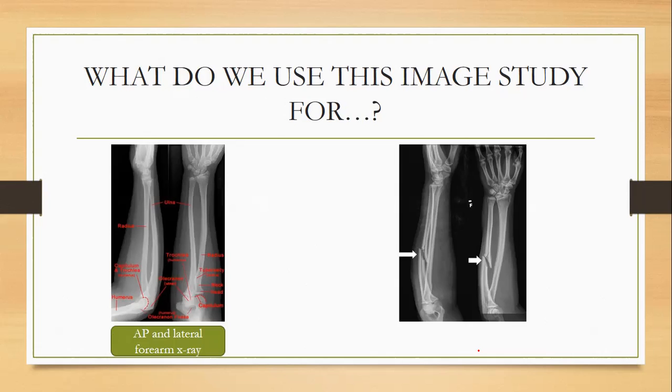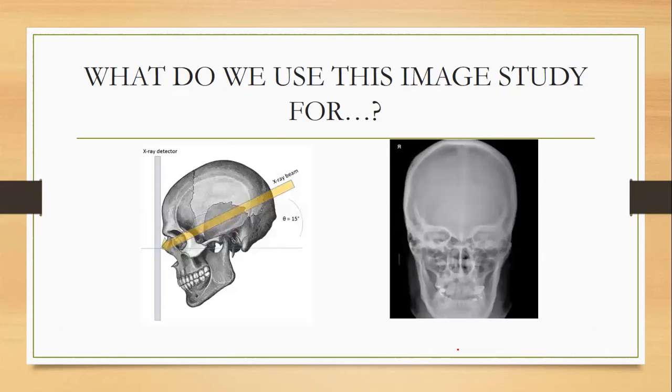Ulna, yes. Because the fibula is in the leg, right? Here we have the ulna. Okay, so this would be an ulnar fracture, right? Ulnar fracture. Can anybody tell me what this different projection is all about? An extra point for the person who answers.